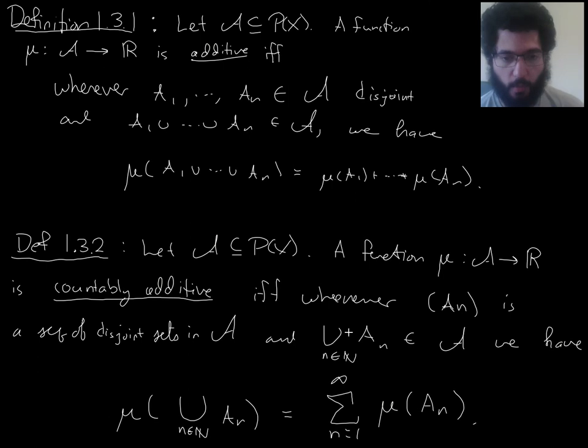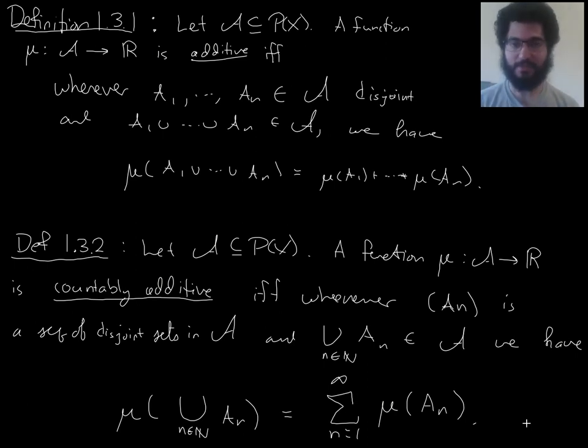So why are we doing this then? Why the complicated definitions? Why not in definition 131 just let A be an algebra of sets on X, and in definition 132 let A be a sigma algebra of sets on X? Why be so general and then make things complicated? It's because our goal pretty soon is going to be to come up with a general theory of how to extend functions mu from things that are not necessarily algebras of sets or sigma algebras to things that are.